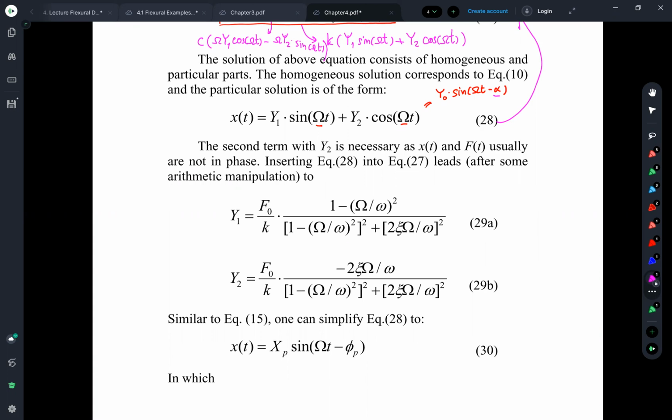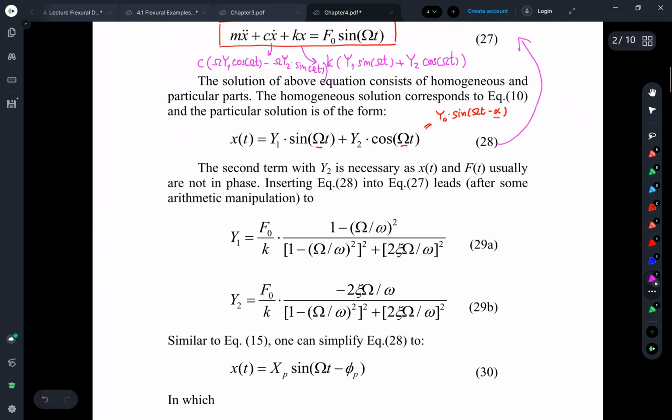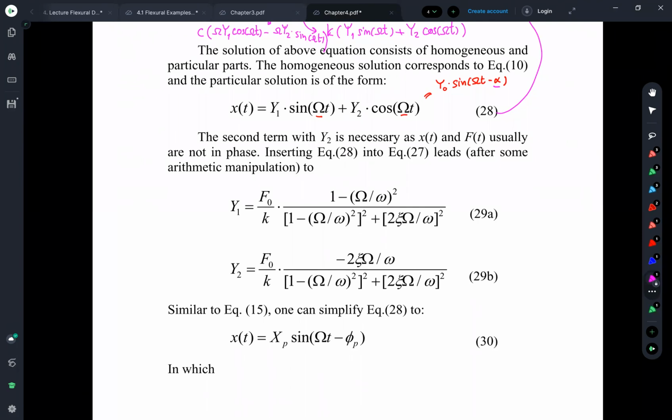That's why we assume the form as in 28, because we want to solve 27, which is much easier than with 30. But once you obtain the solution, it's more practical to change the form to 30. That's why this is the practical form that almost every engineer prefers.